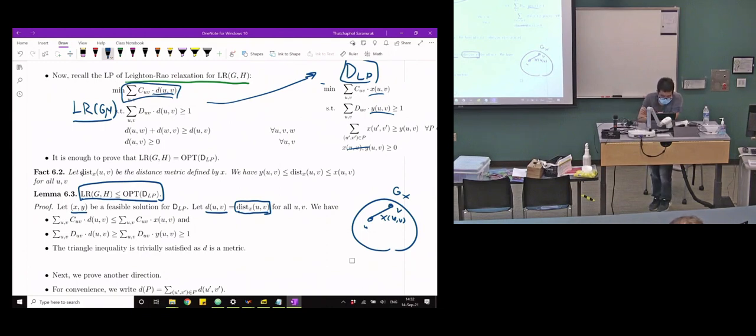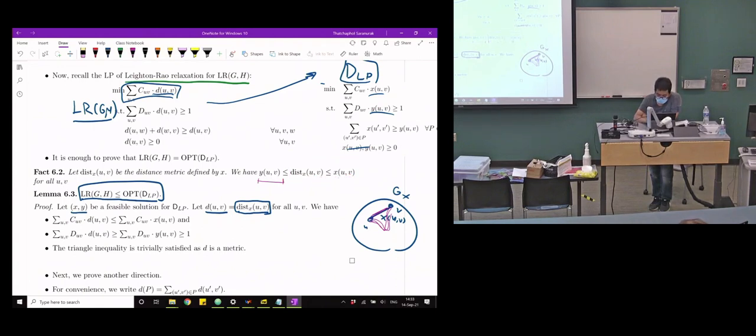And note that if I define it like this, then let's observe that this distance is going to be at most X UV, and that is kind of trivial, because there might be a path which is shorter than this edge itself. That is why this is true.